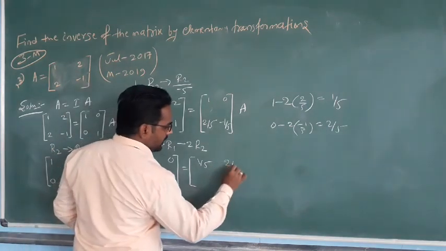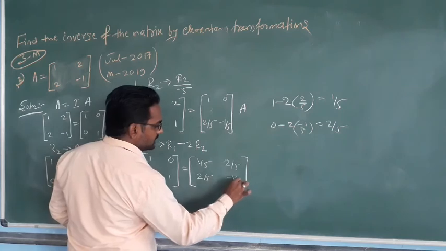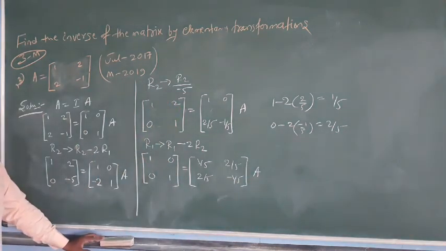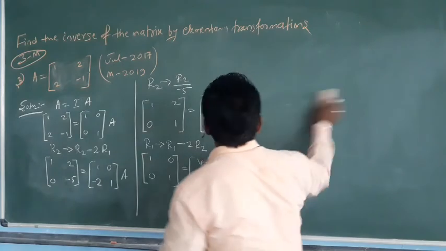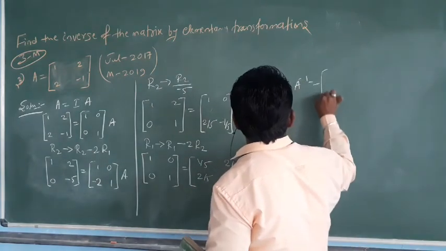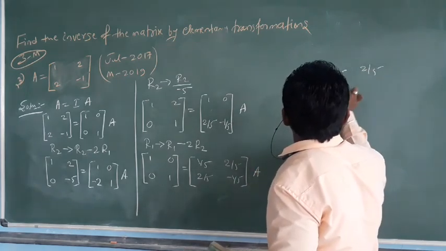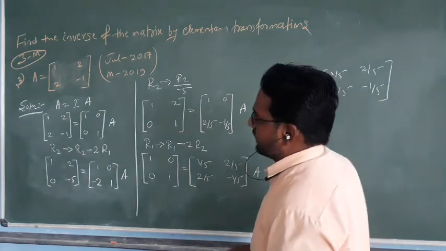So 1 by 5, 2 by 5, 2 by 5, minus 1 by 5 into A. So you will get A inverse equals 1 by 5, 2 by 5, 2 by 5, minus 1 by 5. Okay?